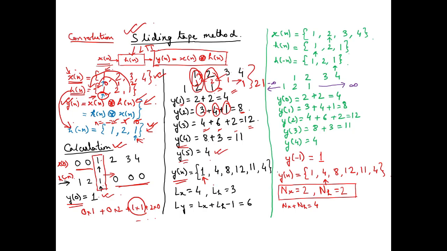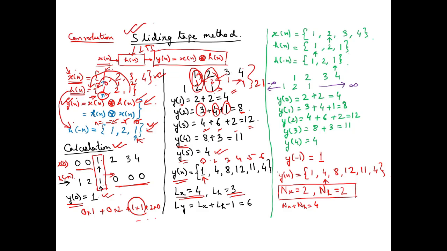What is the length of this signal? If you see, the length of the signal is 1, 2, 3, 4, 5, 6. How did we get that? From the length of x and the length of h.